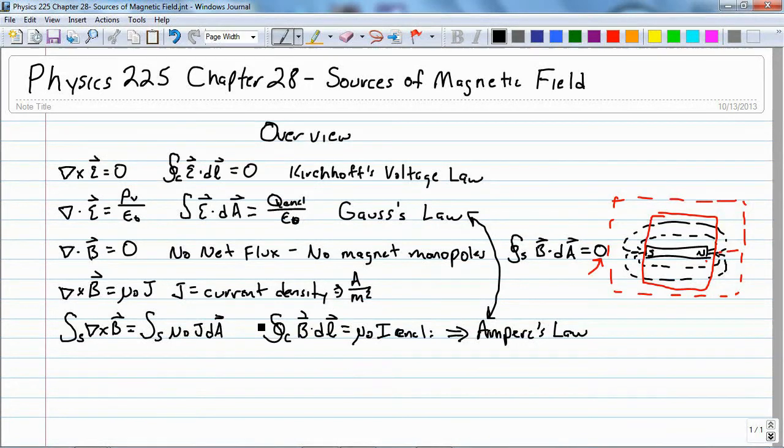And so now we can define some relationships that will help us to be able to find magnetic field strengths much the same way as we did with Gauss's law. But just as Gauss's law was limited in use, so Ampere's law is limited in use.